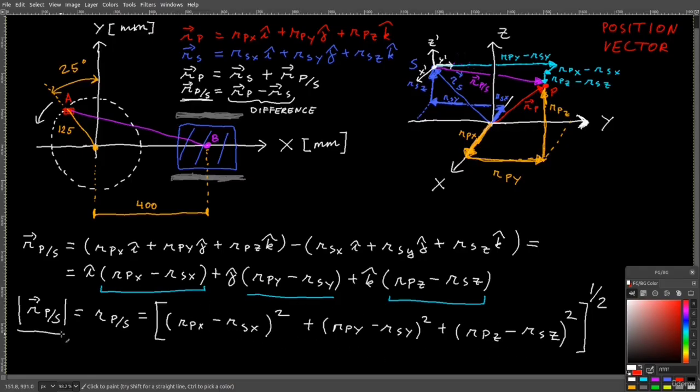And so this magnitude will give you the length of this displacement vector arrow. In other words, it will give you this straight line distance from point S to point P.